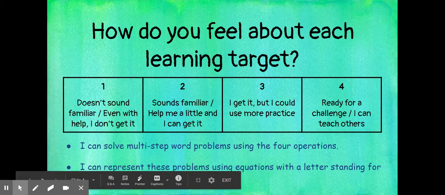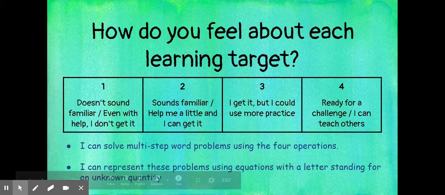So let's take a look at these one by one. We have I can solve multi-step word problems using the 4 operations. I'm going to guess that most of you are probably around 3 on this one, maybe 2, maybe even some of you feeling like you're a 4. But I'm going to guess most of you are 3 because we have solved multi-step word problems this year.